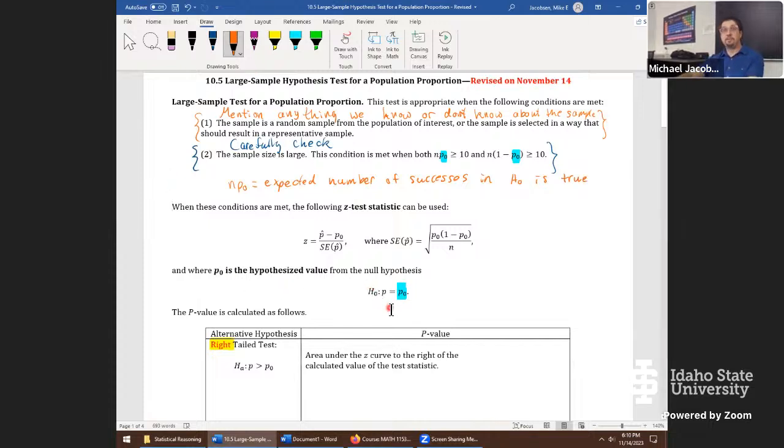So if that's a true statement, if the population proportion is really whatever that value is specified as, then take your sample size, multiply it by what's essentially a probability, and you get your expected number of successes. Likewise, n times 1 minus p naught is the expected number of failures.